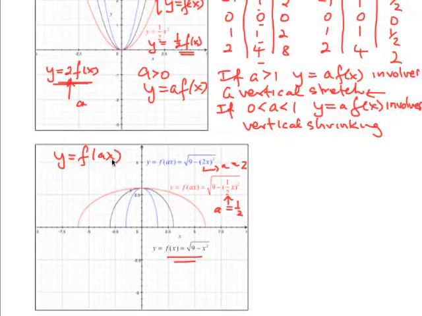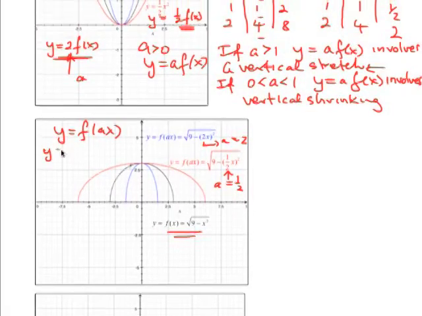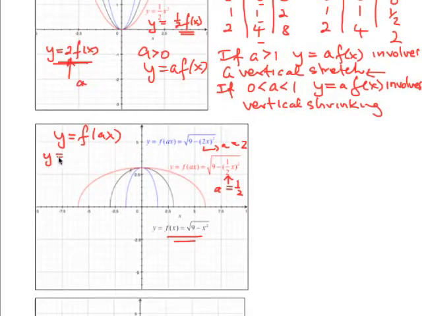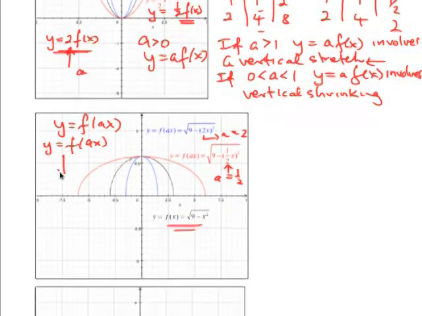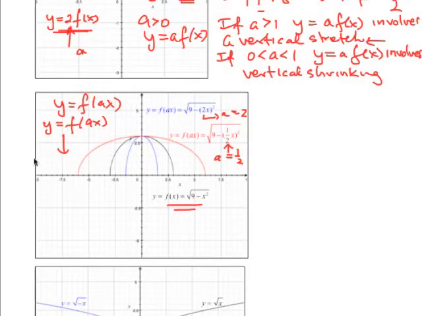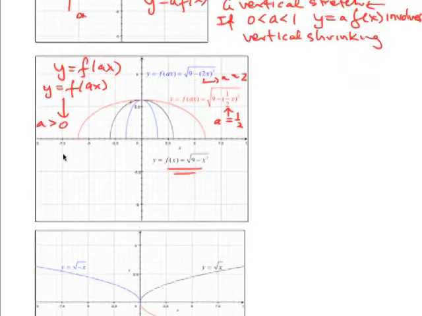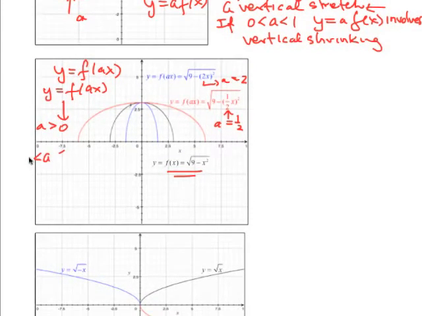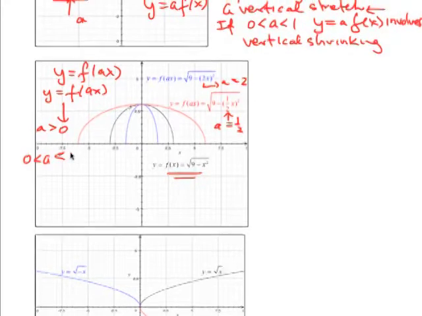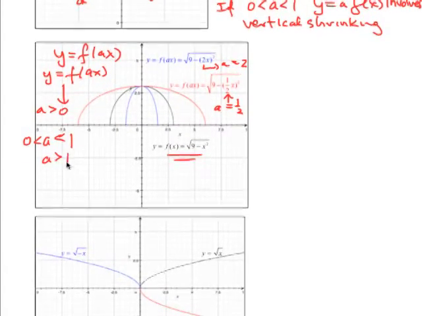So we're applying a to x first and then applying the function. And we're looking at when y equals f of ax under two conditions. We're going to look at a, again, whenever it's positive, when a is greater than 0 but less than 1. And we're going to look at what happens when a is greater than 1.